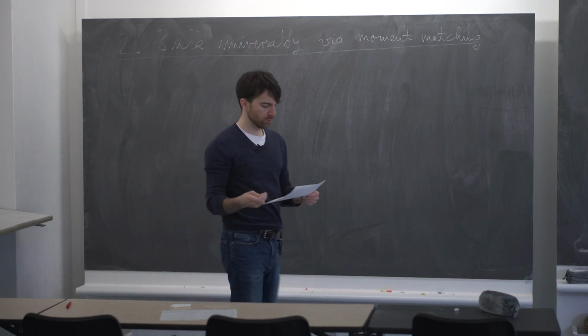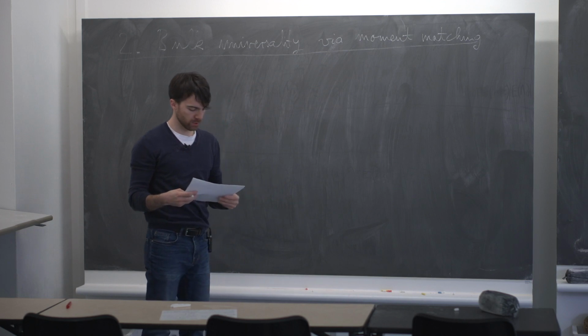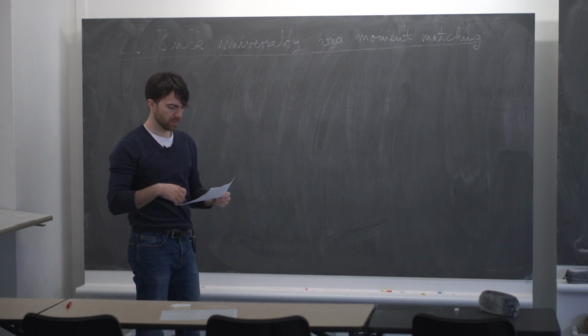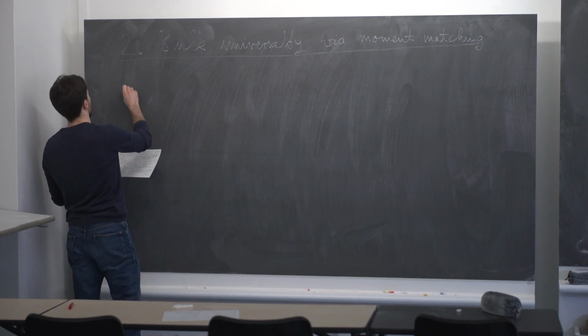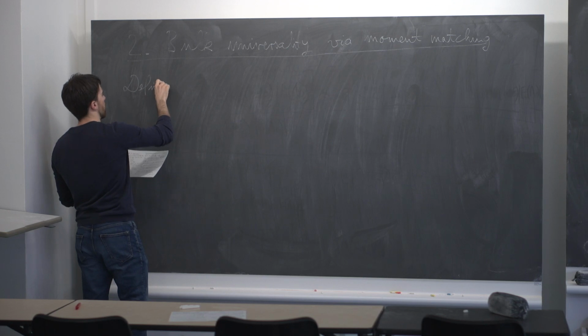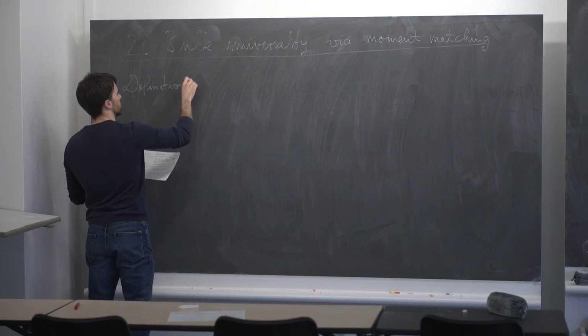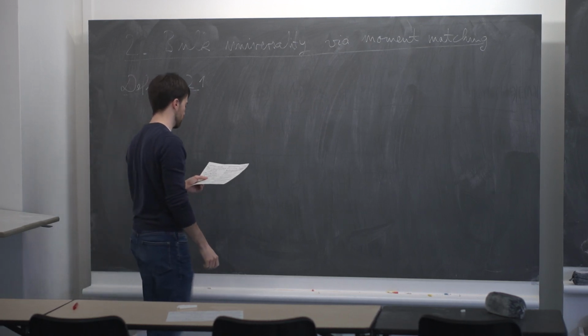So we'll take two Wigner matrices, assume that they have sufficiently high moment matching, and then we will be able to prove that the k-point correlation functions are close to each other when the size of the matrix becomes very large. And so that you have an impression about what this condition of moment matching will be, I first want to introduce this.